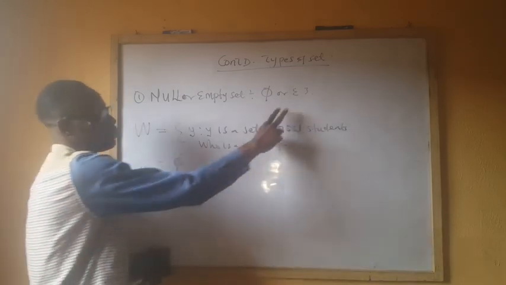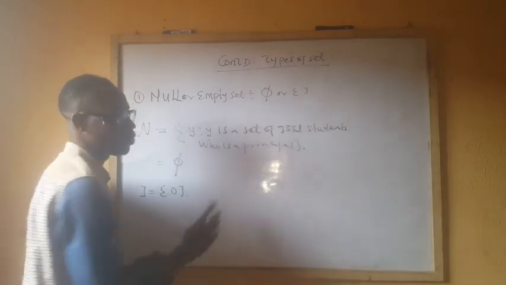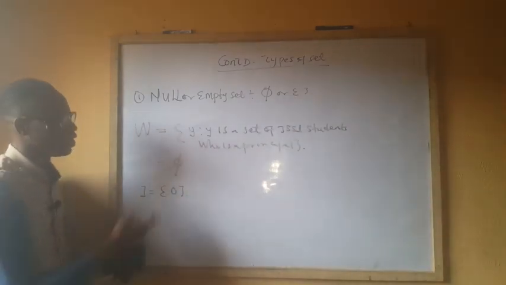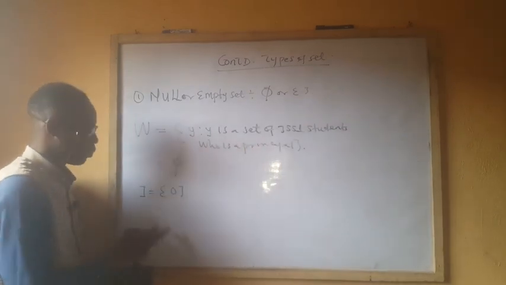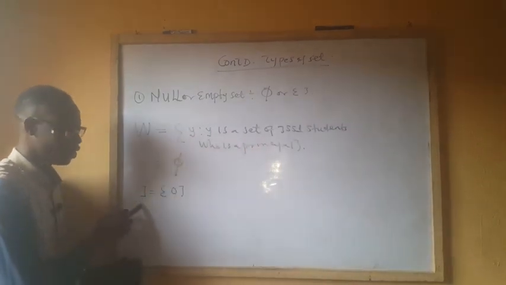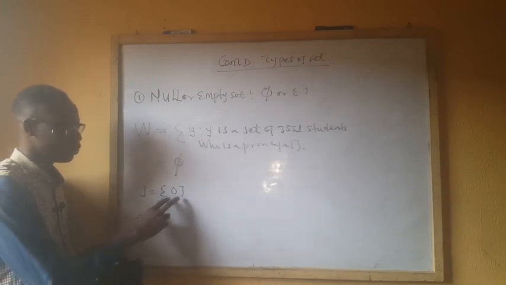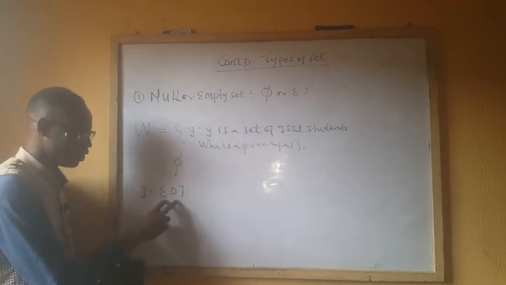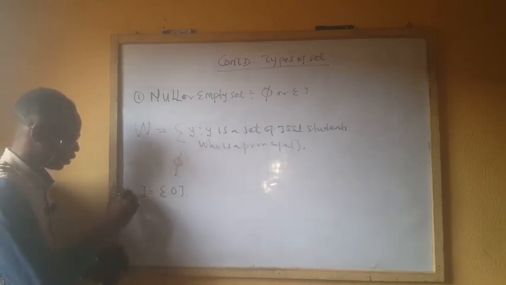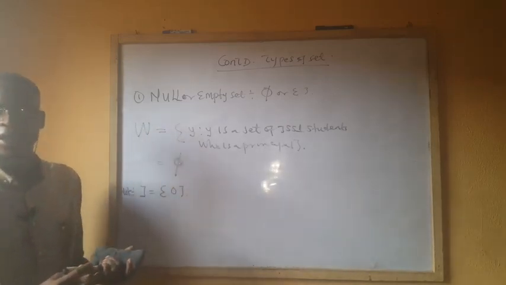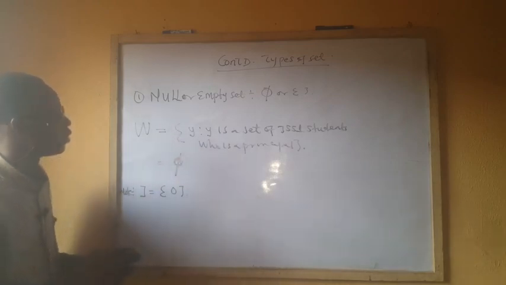But when you have an empty bracket like this, or you have this sign, it's simply called an empty set. Like this one, a set of JS1 students can never be a principal, so it is empty. But when you have set J equals 0 as it is, this is not an empty set. So note this, because 0 is an element. So let's take the second type.